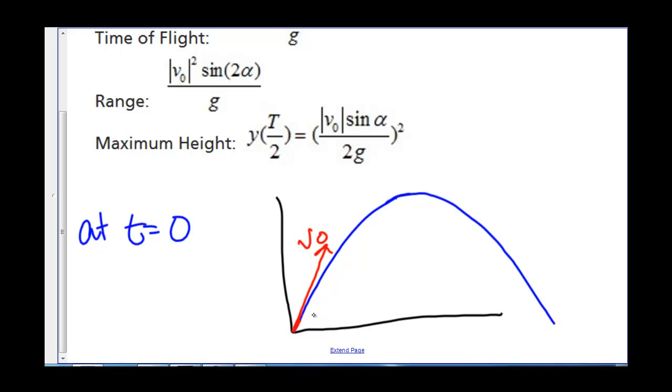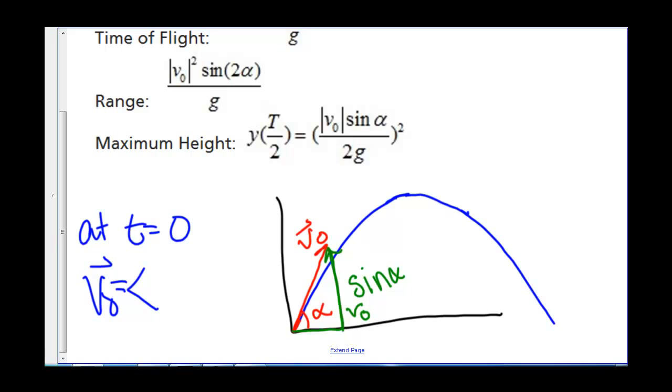If this angle right here is alpha, then we can complete this triangle and we get the initial velocity, this red vector here. So this side, little v naught, sine of alpha equals this side divided by the length of vector v naught.